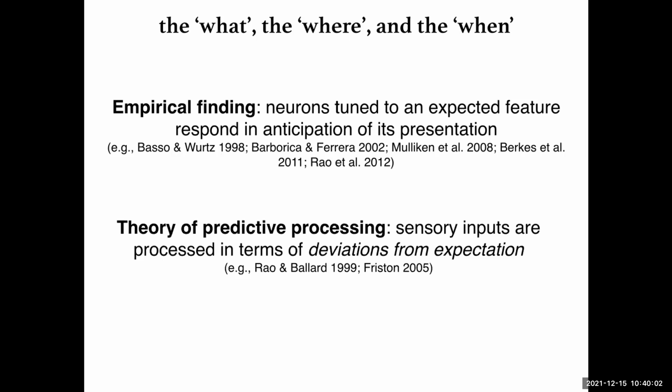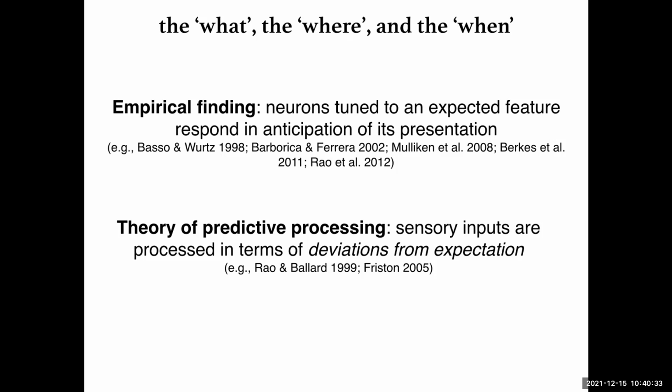These observations have been well explained by the theory of predictive processing, which posits that the sensory inputs we receive are not processed in their raw form, but rather in terms of deviations from expectation. Those neural responses, which are an anticipation of the presentation of a stimulus, are thought to be compared and subtracted from the actual neural response elicited when the stimulus actually comes on.